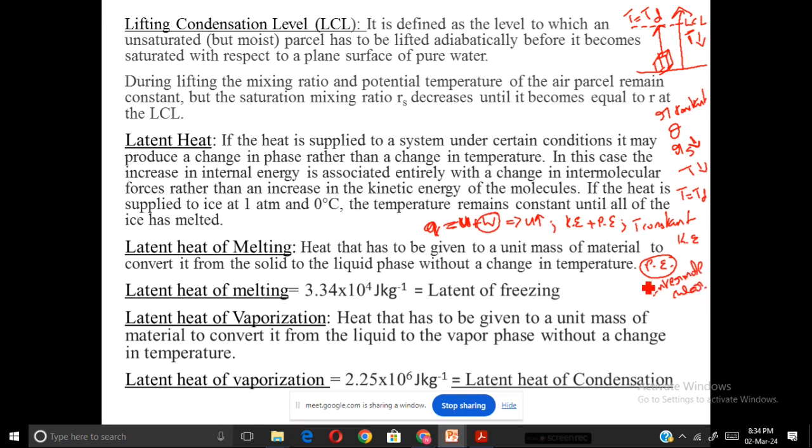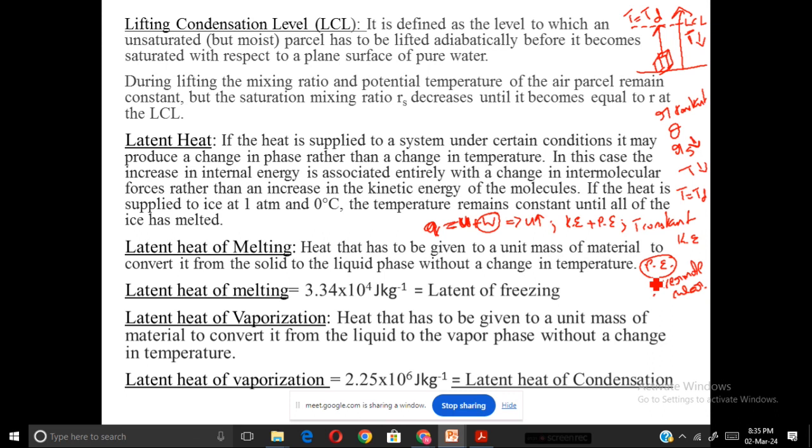So based on what change is happening to the intermolecular force of attraction, the system will undergo a change of phase, either from vapor to liquid, or liquid to solid, or solid to liquid, whatever it is.